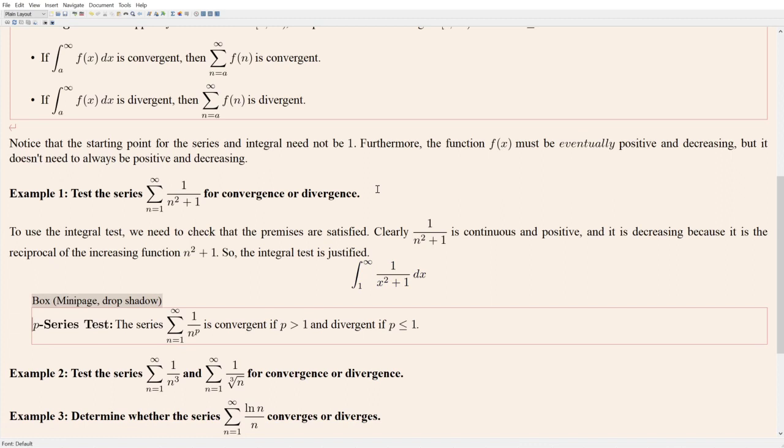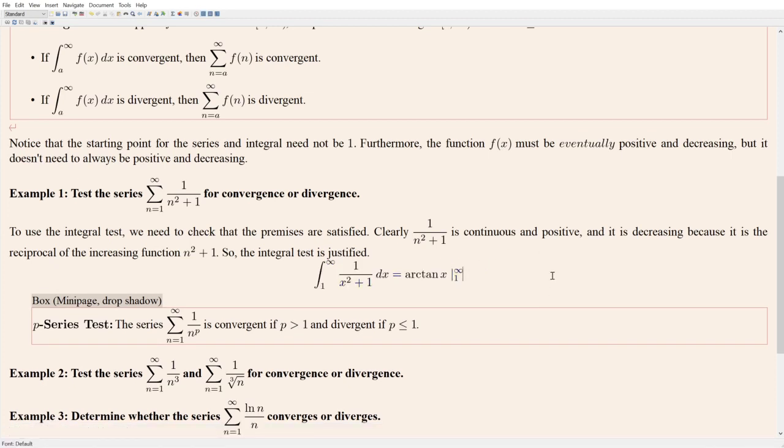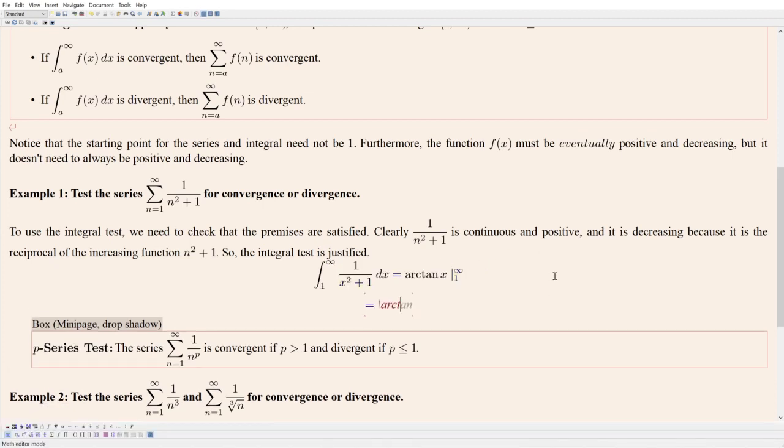Right? So what is this? What's the antiderivative of 1 over x squared plus 1? Well, that's just the arctangent, right? So evaluate that between infinity and 1. So arctangent at infinity.